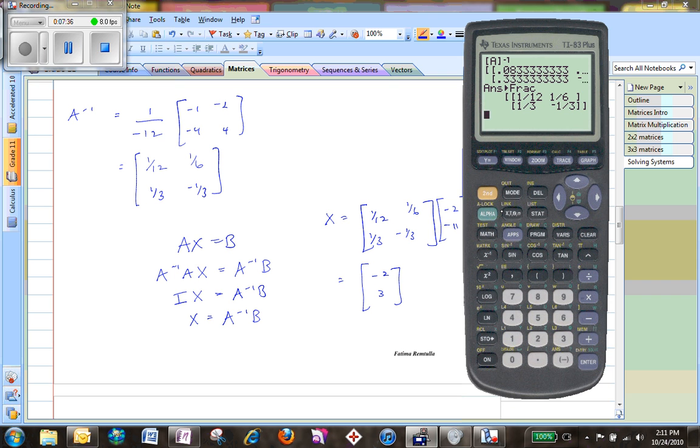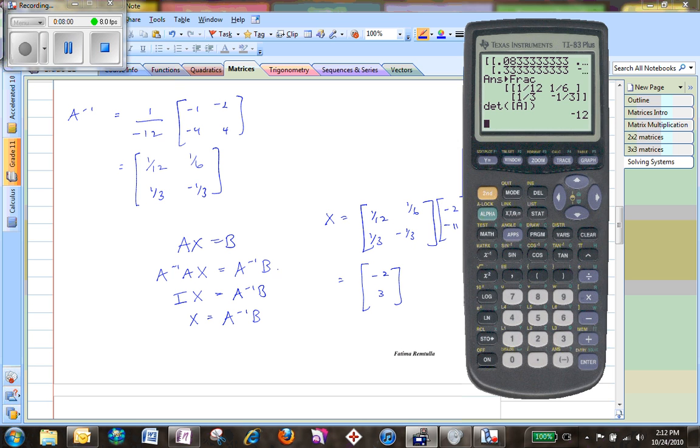I should check my determinant as well, in case you don't remember how to do that. Here's determinant. And again, it's second matrix, A. So I can check the determinant of A if I want. It's right there. It's negative 12. So I've just verified that I could have taken the inverse.